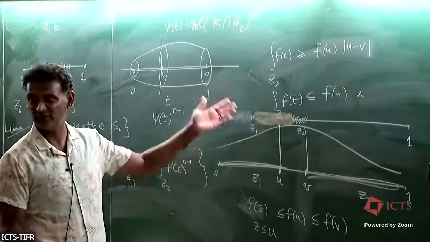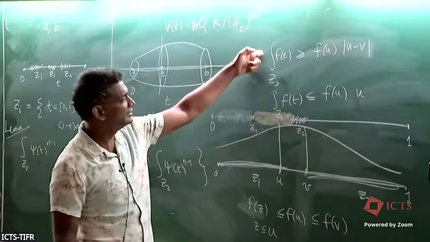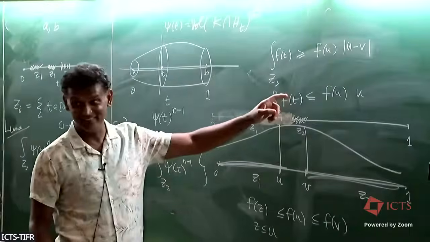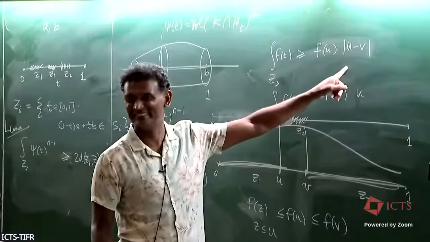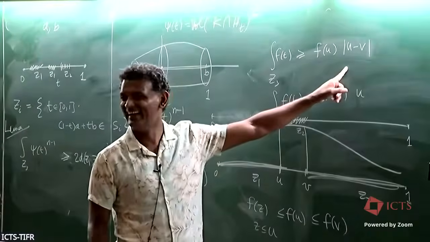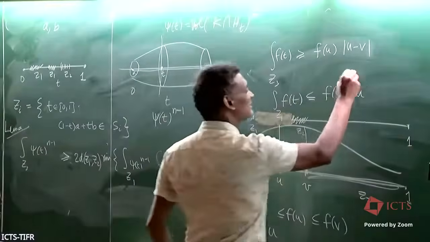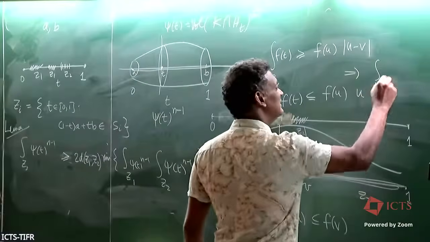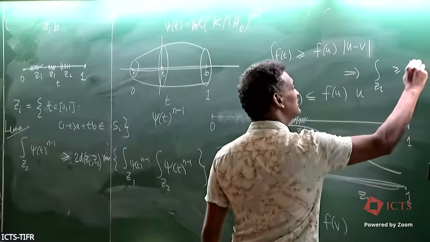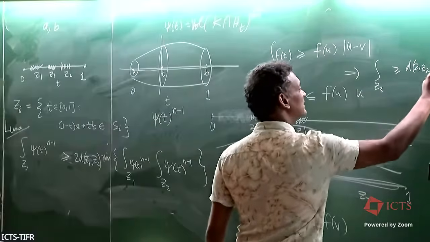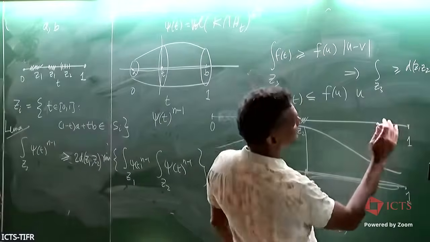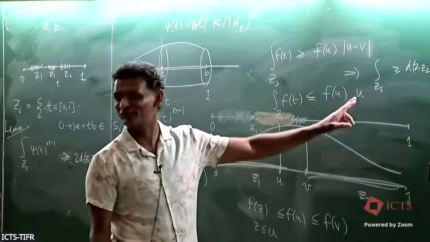So we're done. Except for the factor of 2. So this proves that the integral over Z3 is at least the distance between Z1 and Z2 times the integral over Z1. We didn't prove the factor of 2.